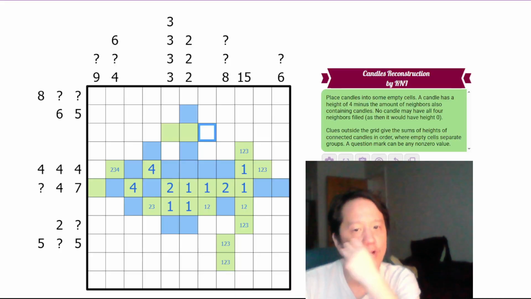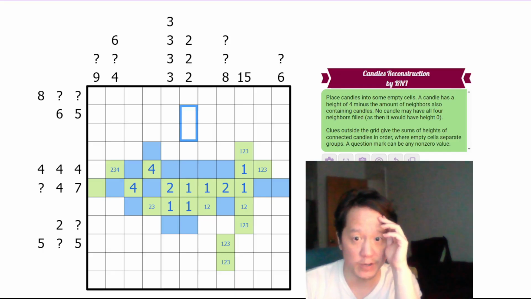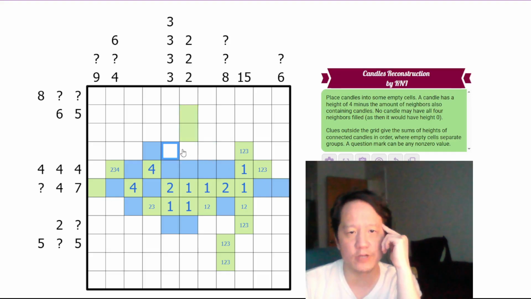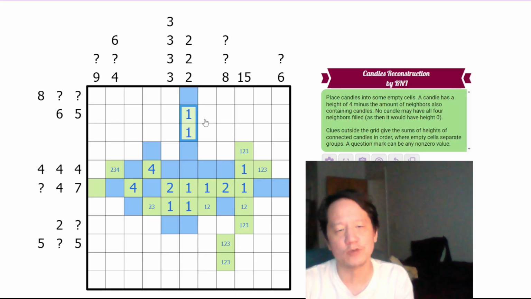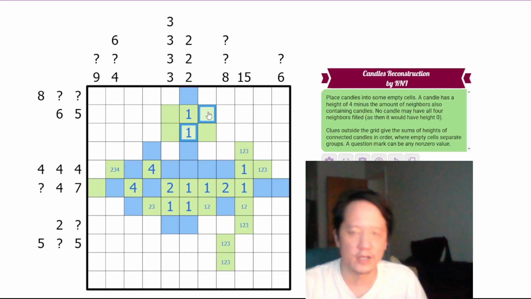If you have 1 and 1, so you can either have 2 by itself or 1 and 1 adding up, that would guarantee this must be blue. You'd have to have 1 and 1 here, and you would guarantee these have to be green, right? Because they must have 3 neighbors with candles.